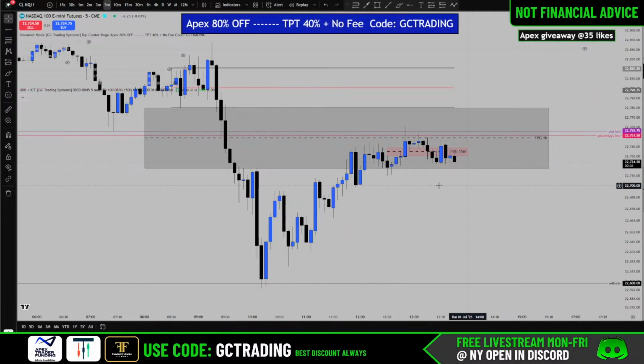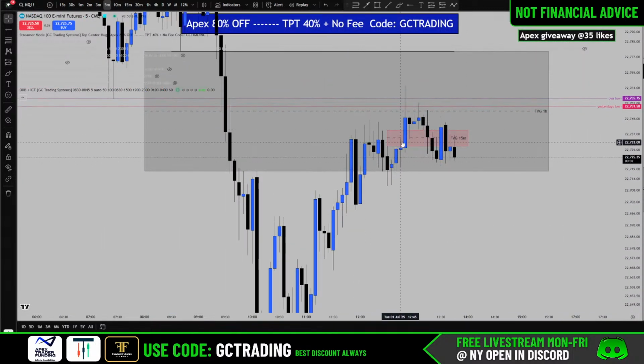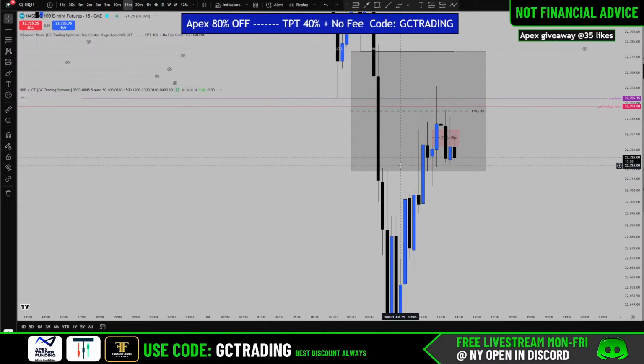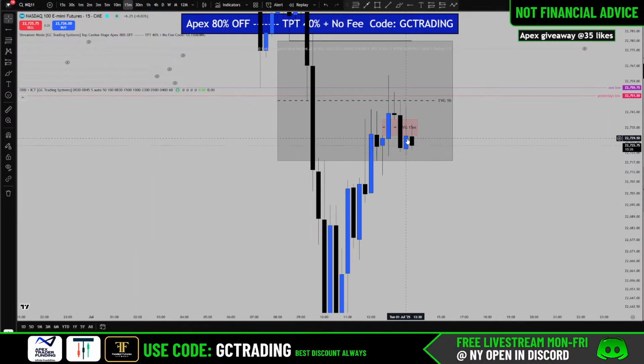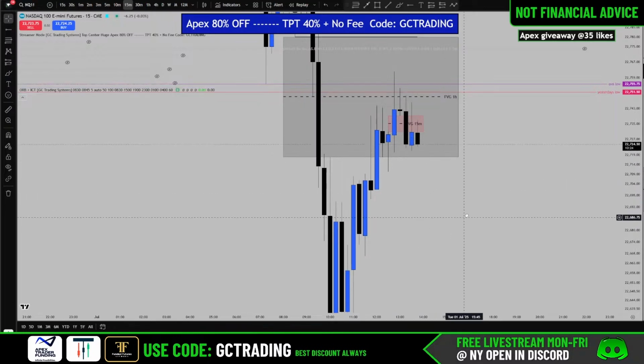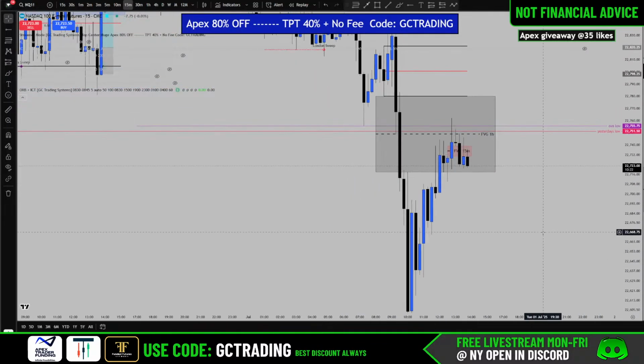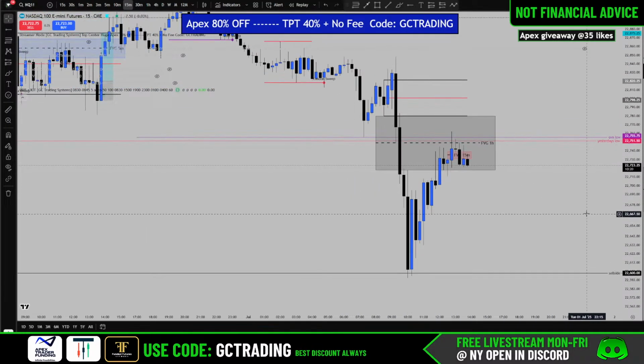But NQ is holding the hourly gap. We did inverse the 15-minute, obviously. So let's see what happens here. If we do start slamming down on this, then maybe we can look for the short. So we'll see. There's a lot of divergence between ES and NQ right now.